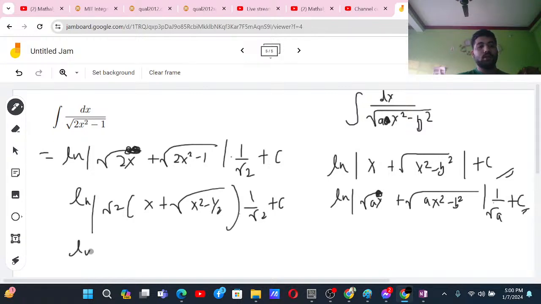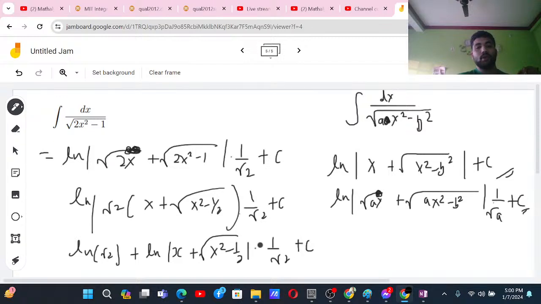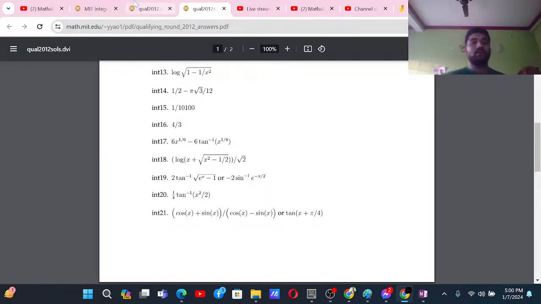Now that is ln of root 2 plus ln of the other expression times 1 by root 2 plus c. Now this gets added to the constant c, so that's the answer. This is given there in our answer set. Yeah, good. Next problem.